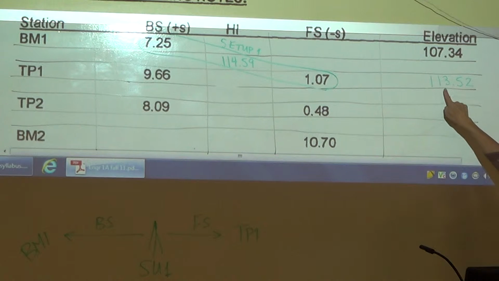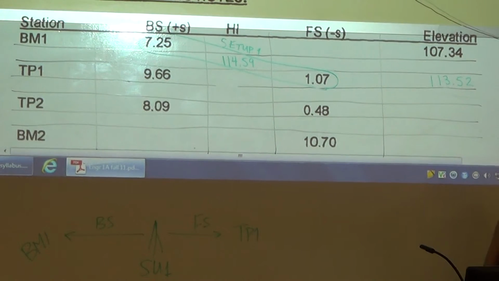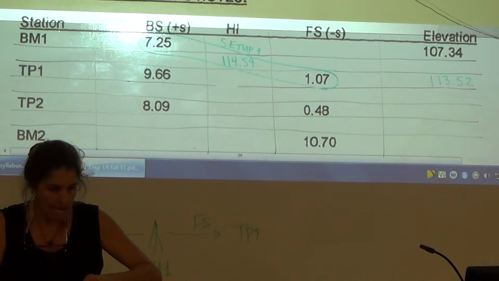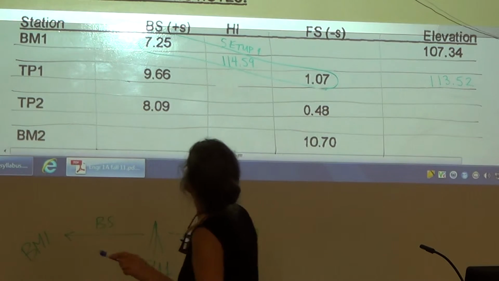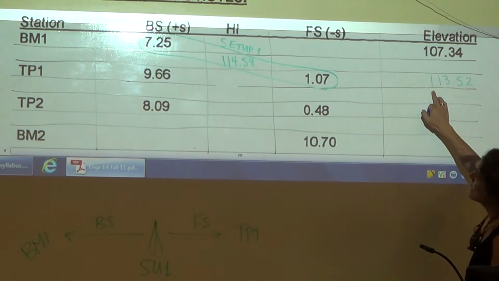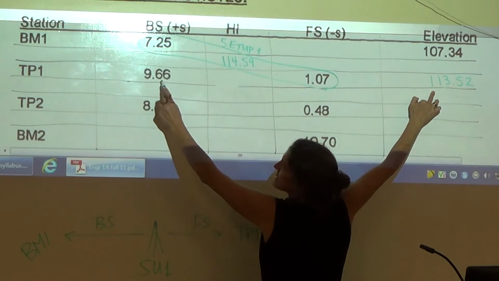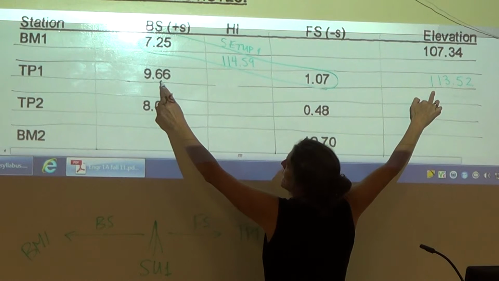So what do I do now that I have this elevation of TP1? You add it to the 9.66. Right, I add it to the 9.66 because this is the backsight at turning point 1. And what do I get?